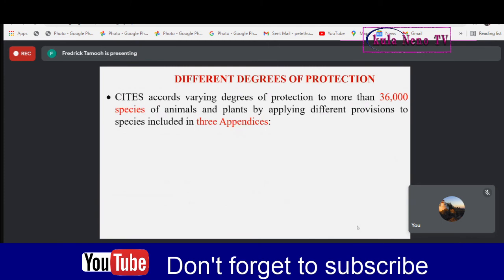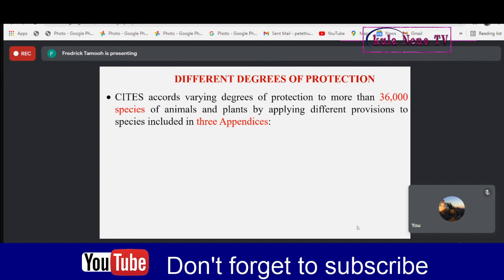In terms of protection, CITES has 3 degrees of protection. Just like we have 9 categories with the IUCN, in CITES we have 3. The species are placed into 3 categories, which we refer to as the appendices.